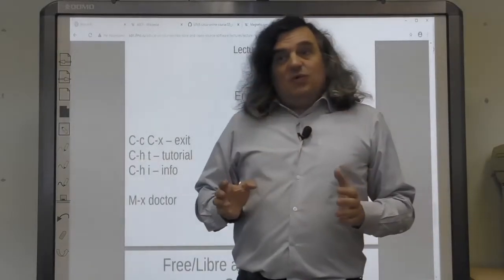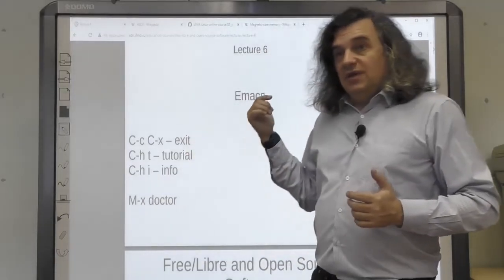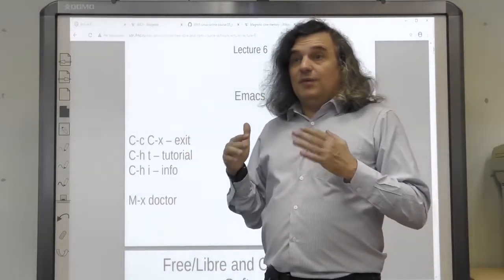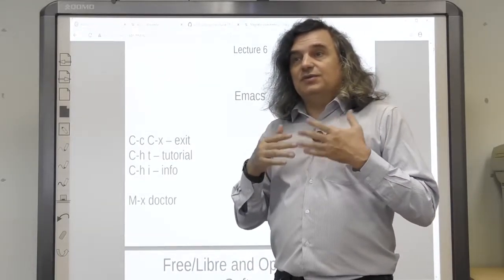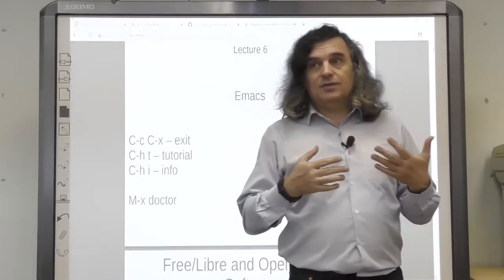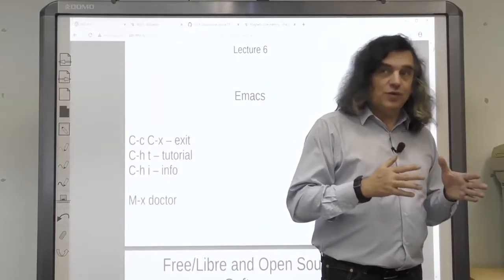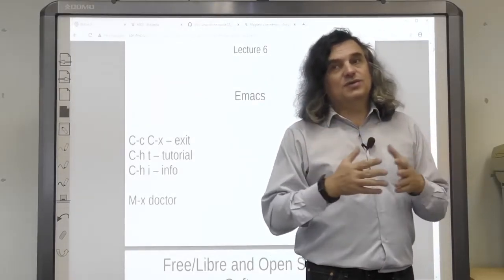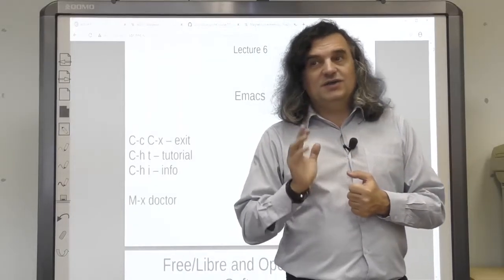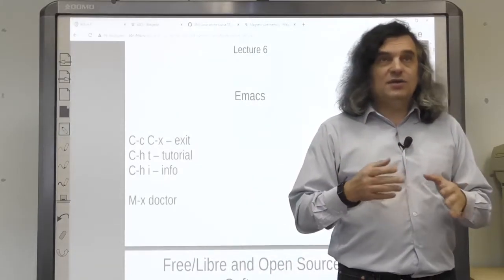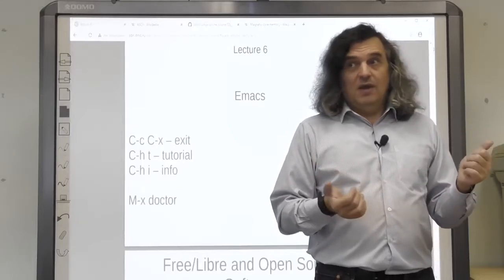And the second most common editor is Emacs. This is Richard Stallman's editor, which was the starting point for the GNU project, along with GCC and Unix-like utilities. Emacs means, for example, editing macros.